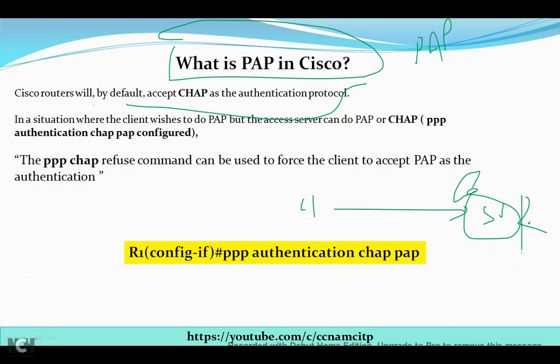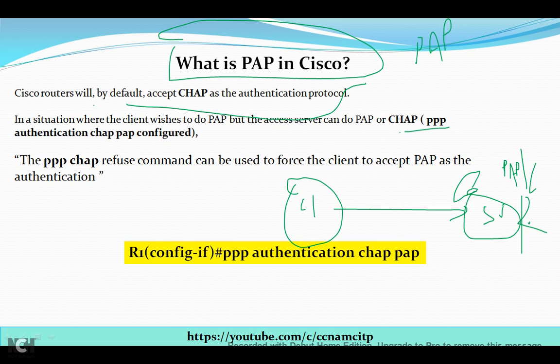Now this client wants to access this server, but this server is configured for PAP and CHAP. So two things are configured here, but this client is a little bit different. The same thing is mentioned here, PAP, but the access server can do PAP or CHAP. We have configured that server as PAP or CHAP.